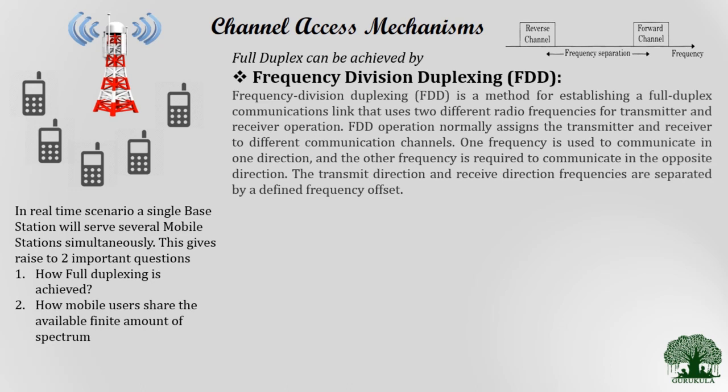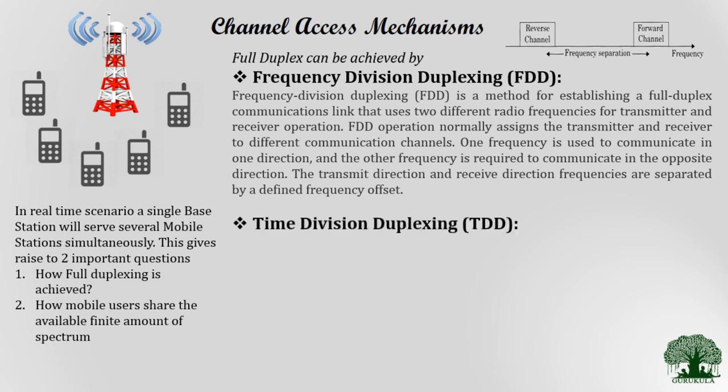That is what we call frequency division duplexing. One frequency is used to communicate in one direction and the other frequency is used to communicate in the opposite direction. Combining these two makes the link appear like a full duplex channel. So this is one method of achieving full duplexing.